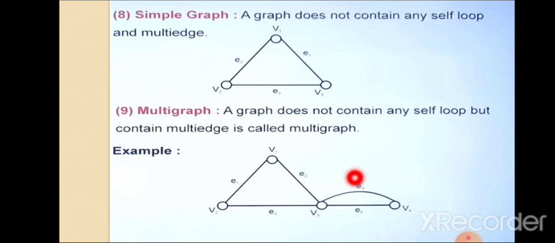Like here, E4 and E5 are the multi-edges of this graph. But here there are no self loops, that is, there is no edge which starts from one vertex and ends on the same vertex, so it does not contain this, but it contains multi-edge, so it is a multi-graph.